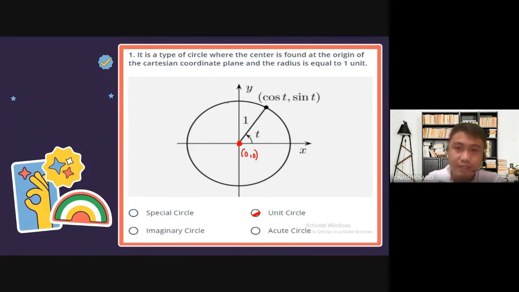And again, we have a circle which is a unit circle. Bakit siya tinawag na unit circle? Kasi ang radius niya 1, ang center niya 0, 0. So ganun parati. We're going to utilize this type of circle in trigonometry.